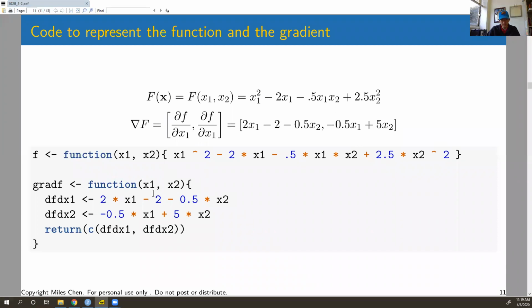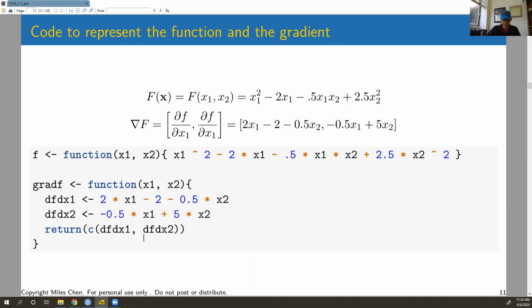And over here I've got the gradient, which consists of two components, the partial derivative with respect to x1 and the partial derivative with respect to x2. df dx1 is 2x1 minus 2 minus 0.5x2, which I've written as 2 times x1 minus 2 minus 0.5 times x2. df dx2 is -0.5x1 plus 5x2, which I've written as -0.5 times x1 plus 5 times x2.